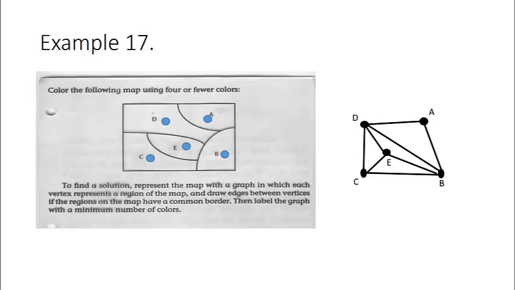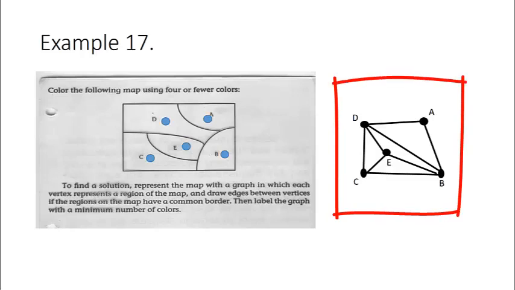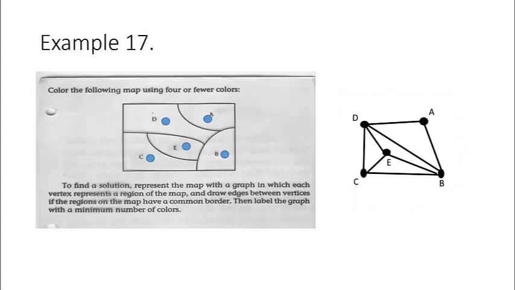Now for our coloring, we're going to focus on our graph and color the vertices of our graph. Now, any 2 vertices that are connected by an edge must have different colors. So let's pick a color for vertex A to get us started. How about blue?